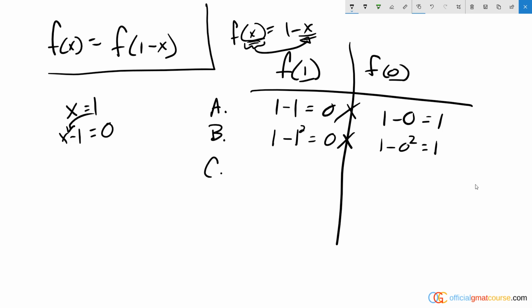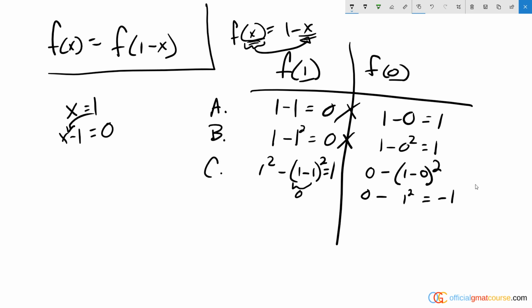So if I go 1 squared minus 1 squared, what I get is a 0 squared here, which is 0, and I get 1 minus 0 is 1. On the other hand, I have 0 minus 1 minus 0 squared, which is 0 minus 1 squared, and this becomes negative 1. So again, we do not tie out.